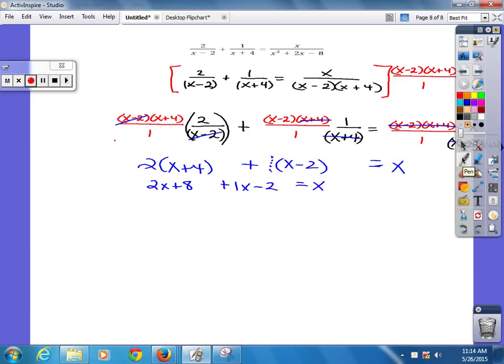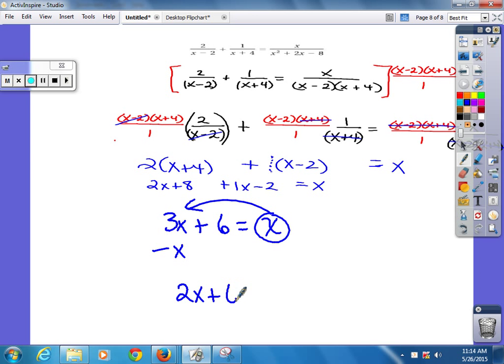And that's going to give us 2x plus 1x is what? 3x. 8 minus 2 is 6. Bring that x across the river. 2x plus 6 is equal to 0.